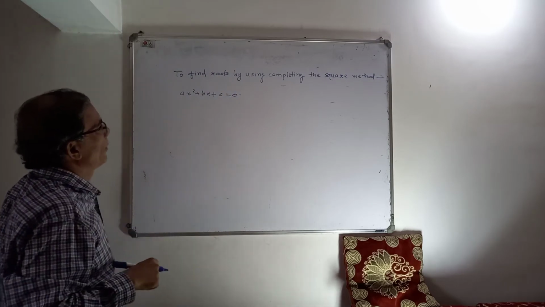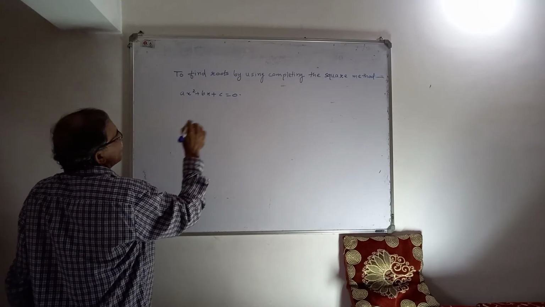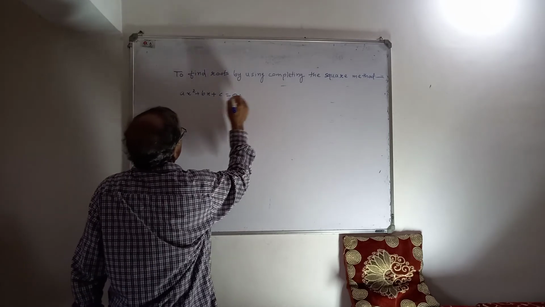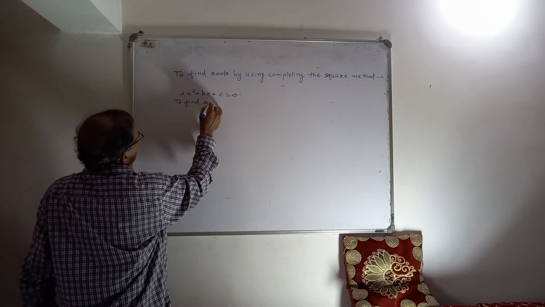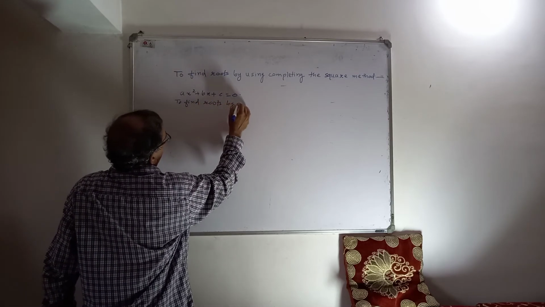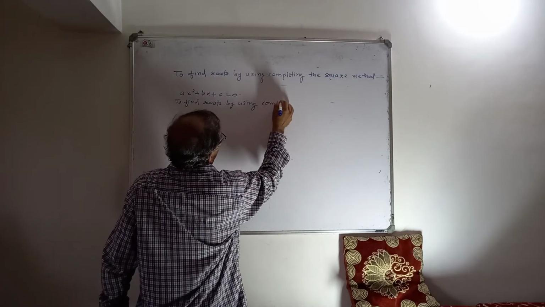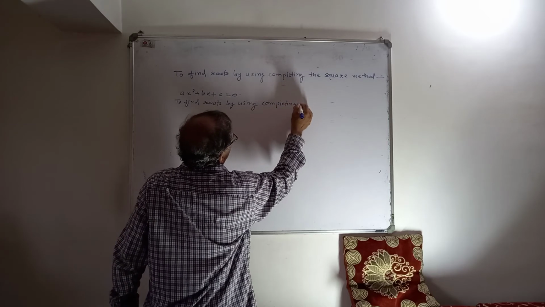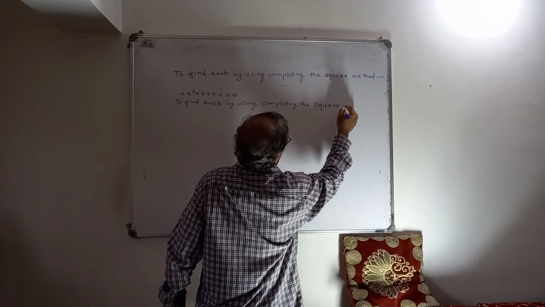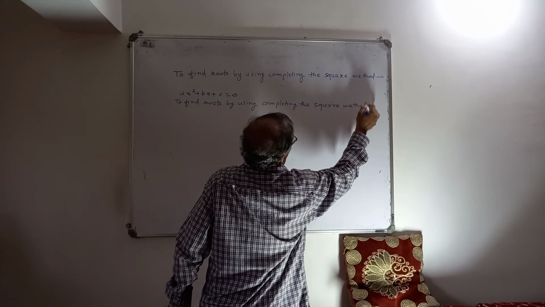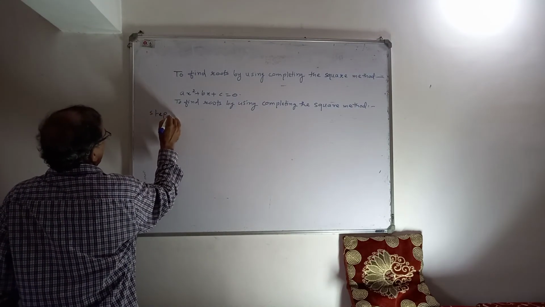If we want to find the roots by using completing the square method, then the steps are: Step 1.